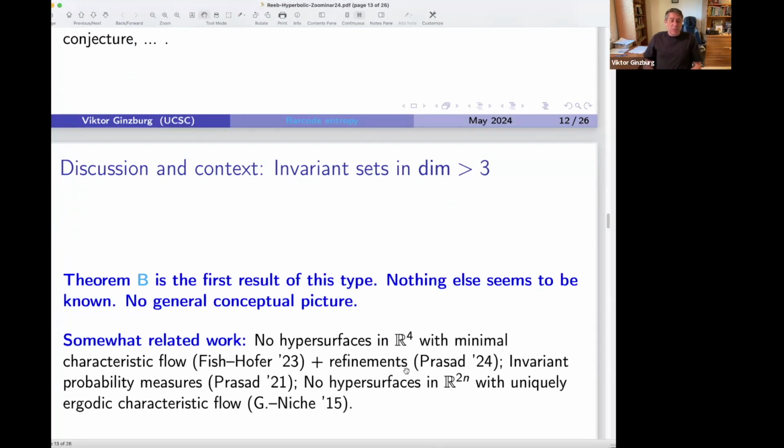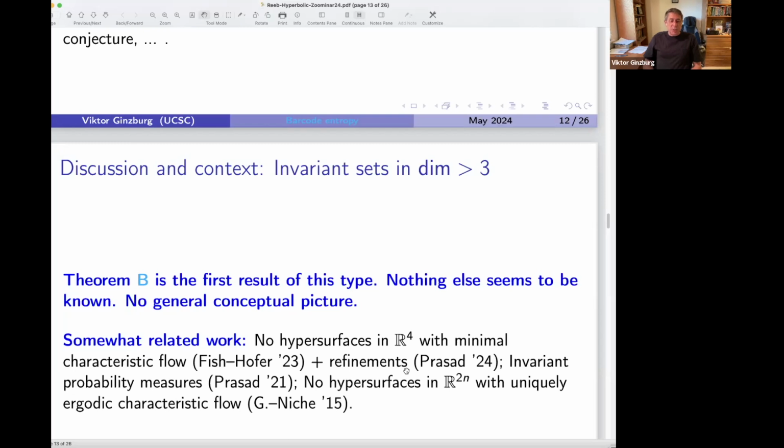The most important here is, of course, the result by Fish and Hofer, that there are no hypersurfaces with minimal characteristic flows. There are refinements by Prasad.